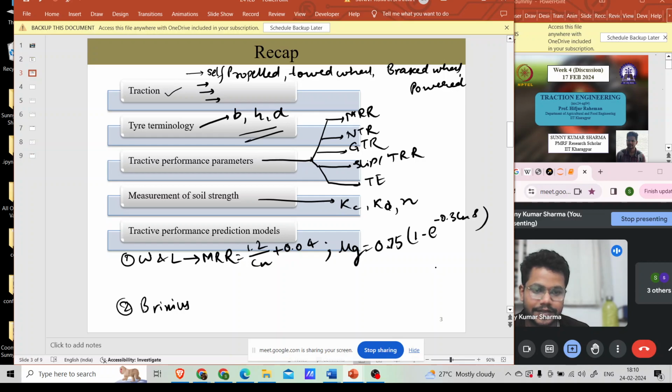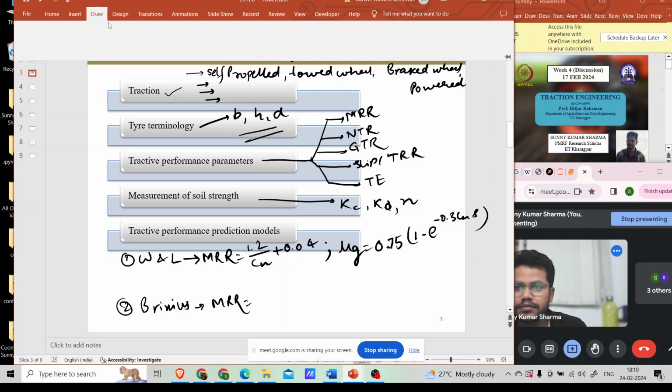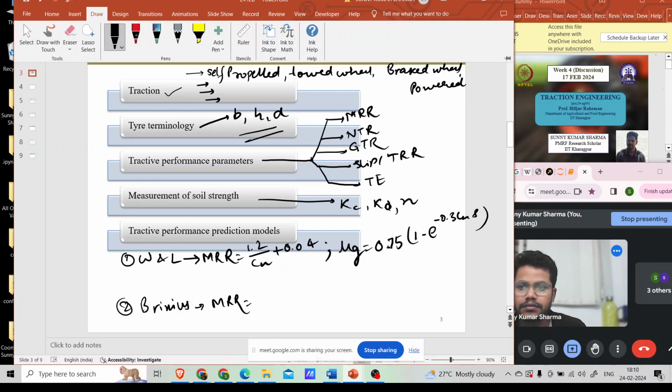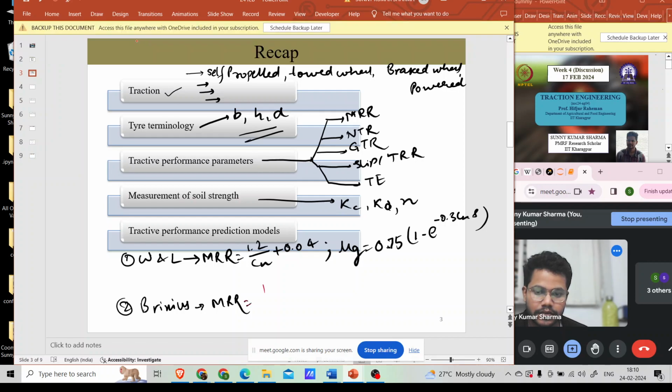Yes, correct. And in Brixius, what is the motion resistance ratio? Here mobility number will come into action. 1 by Bn, Bn is mobility number, plus 0.5 S by root of mobility number, plus 0.04. This is in the case of Brixius.